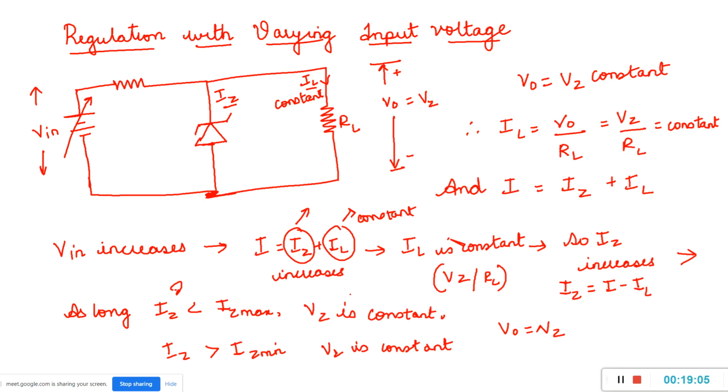This is about regulation with varying input voltage. The maximum power dissipation for the Zener diode is fixed and it is given by PD is equal to Vz into Iz max.